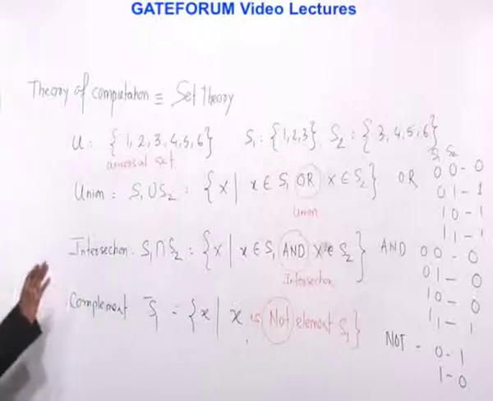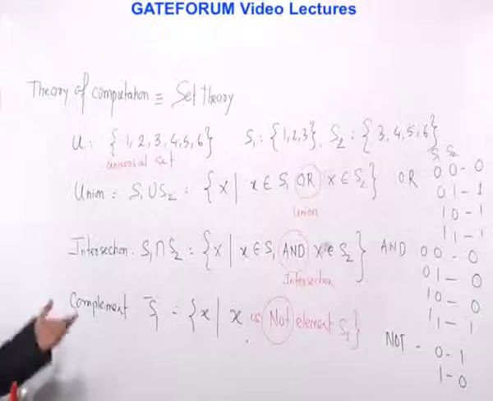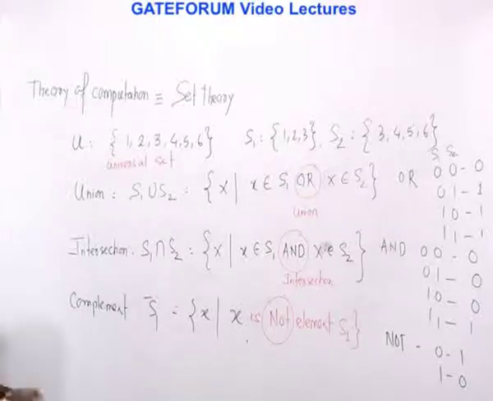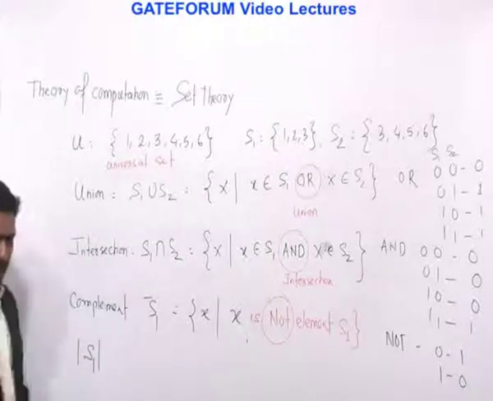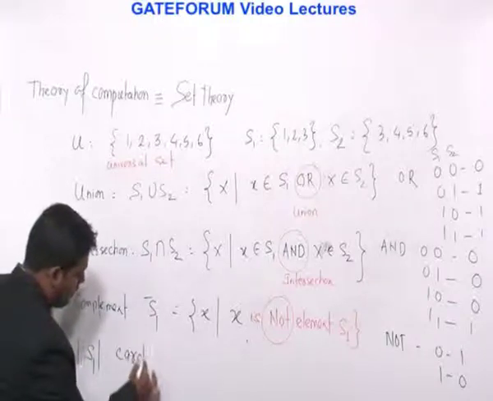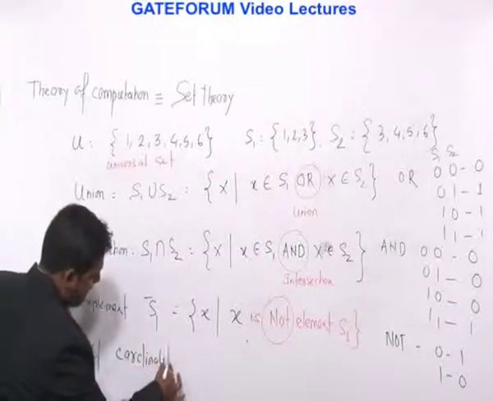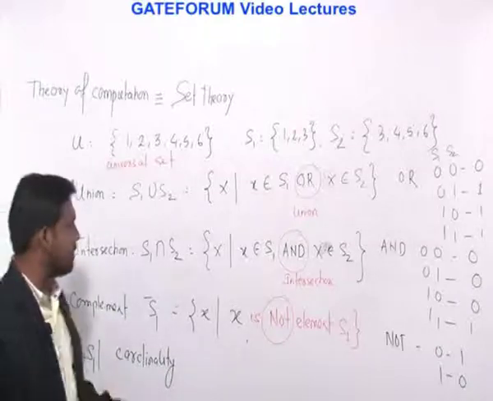Cardinality we don't need a definition for, but notation-wise it is written with the modulus bars around S1. It is the number of elements present, a natural number.